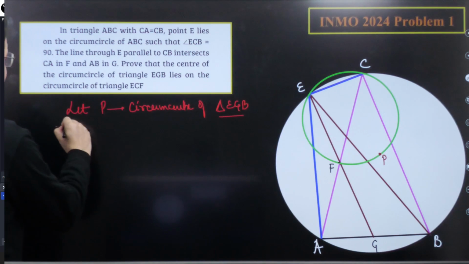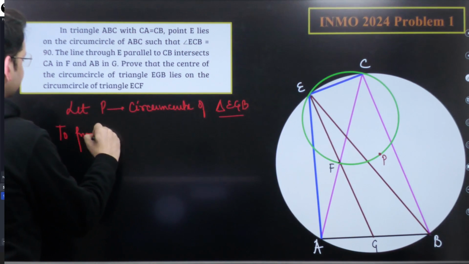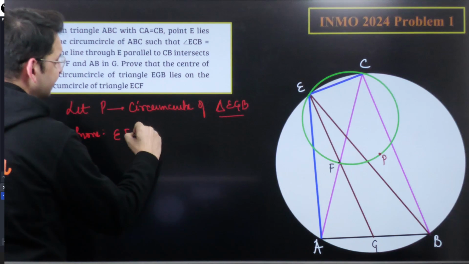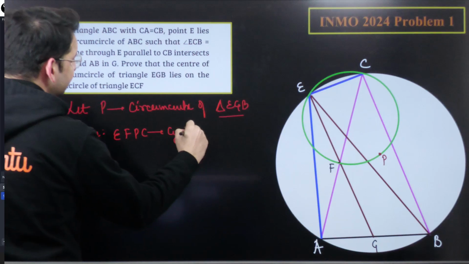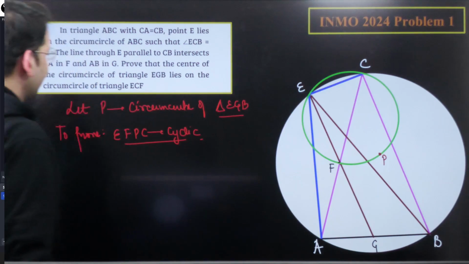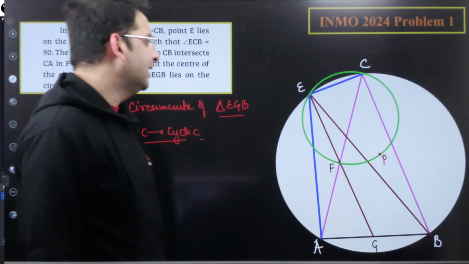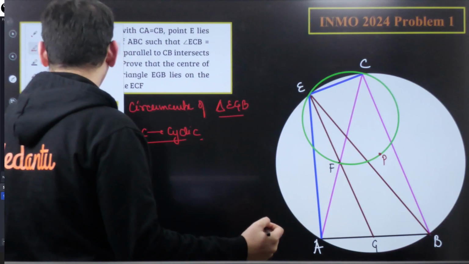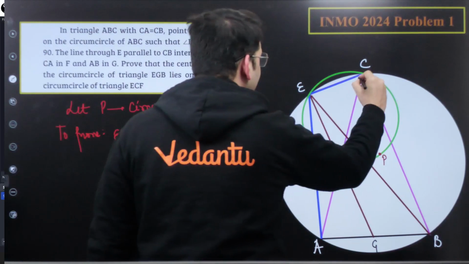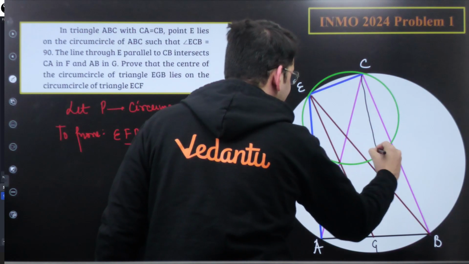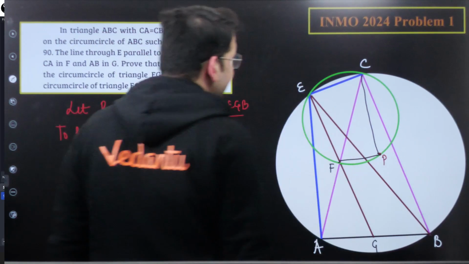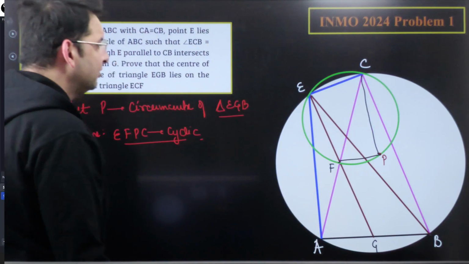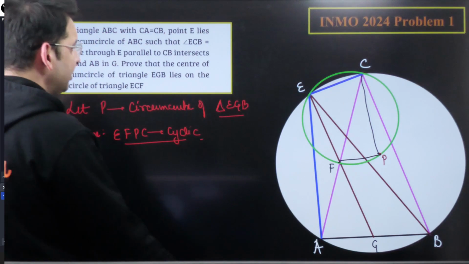To prove E, F, P, C are cyclic. So let us join. If possible, we can join also. So this is P. तो मुझे ये cyclic points prove करने हैं. E, F, P, C are cyclic. They lie on the same circle. ठीक है. So this is what I need to prove.